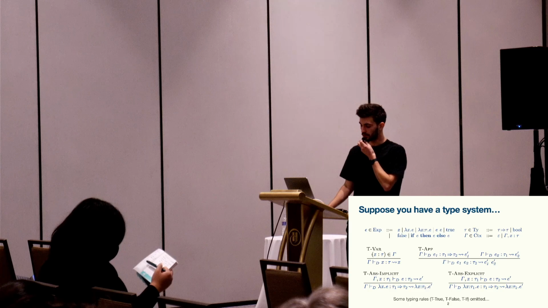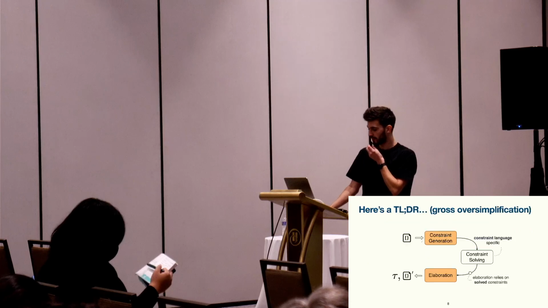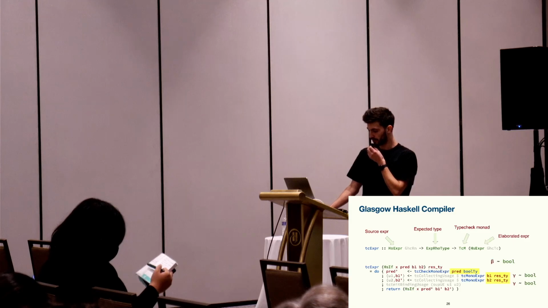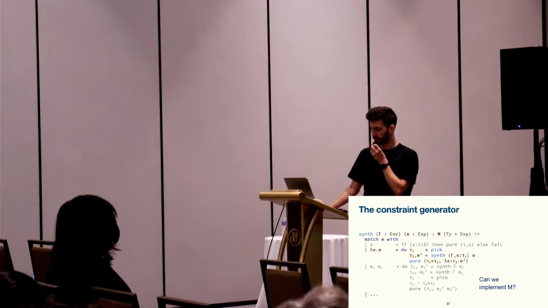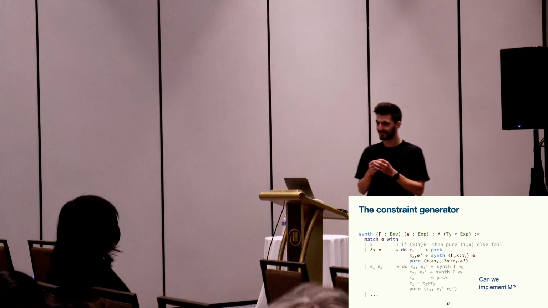And what this is really saying is we need to somehow come up with tau1. This operator in the monad allows you to magically come up with this. If you then look at the implementation for synth, the first line of the lambda abstraction is saying magically come up with a type. Okay. Yeah, that makes sense.